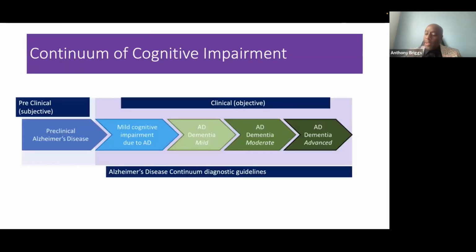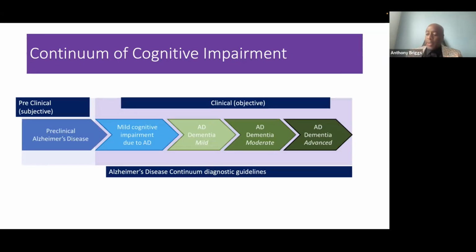So on the continuum of cognitive impairment, there's preclinical subjective cognitive decline, which is the focus of my work. And then there's clinical objective mild cognitive impairment, and AD dementia: mild, moderate, and advanced. These are on the continuum.